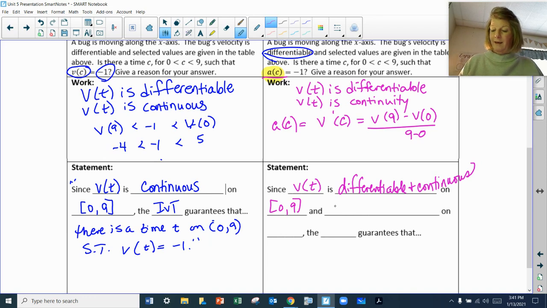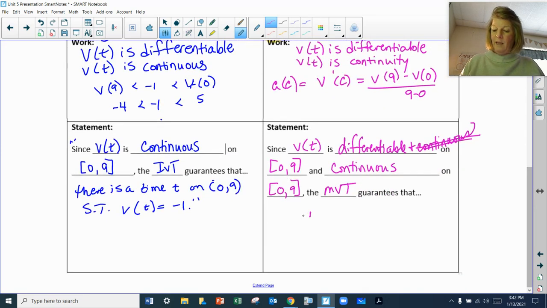They did give us two blanks. The MVT guarantees that a of c equals v of 9 minus v of 0 over 9 minus 0.